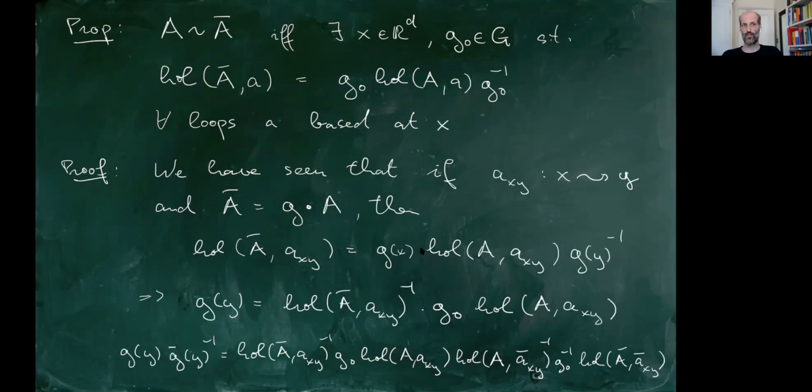And then you would have to somehow find an argument that tells you that if this is true with a G0 that actually depends on A, then it actually has to be true also for a universal G0 which doesn't depend on A. And so there is a whole literature about questions along the lines, you know, if you have two group morphisms and you know that they give you the same conjugacy class, then are they conjugate by one element rather than just locally conjugate for every argument?